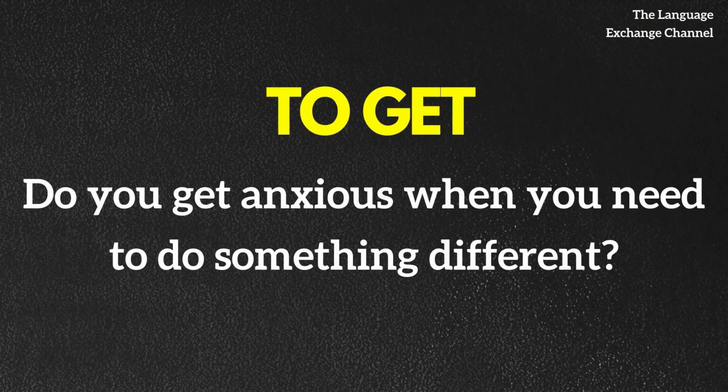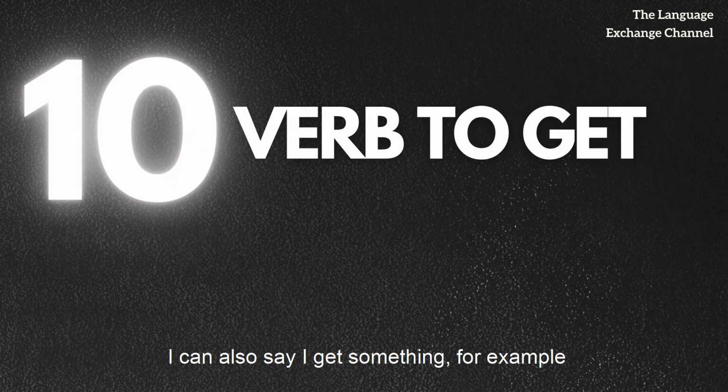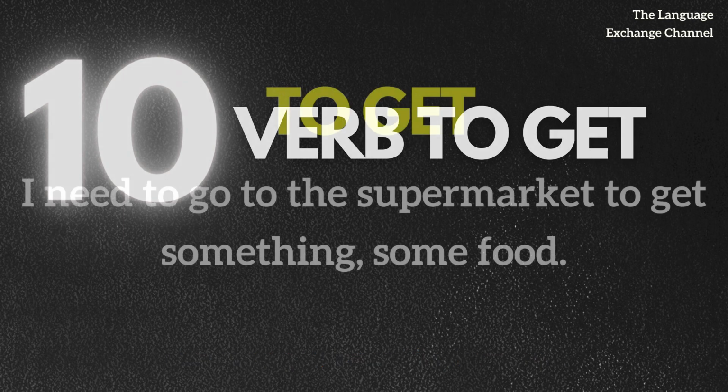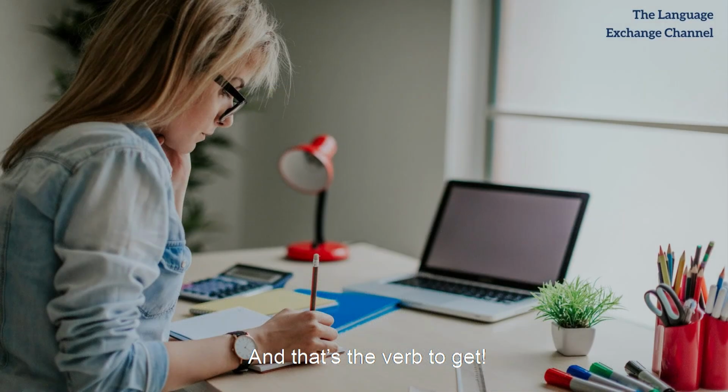Do you get anxious when you need to do something different? I got very proud of him because he passed on his exam. I can also say I get something. For example, I need to go to the supermarket to get some things, some food. And that's the verb to get.